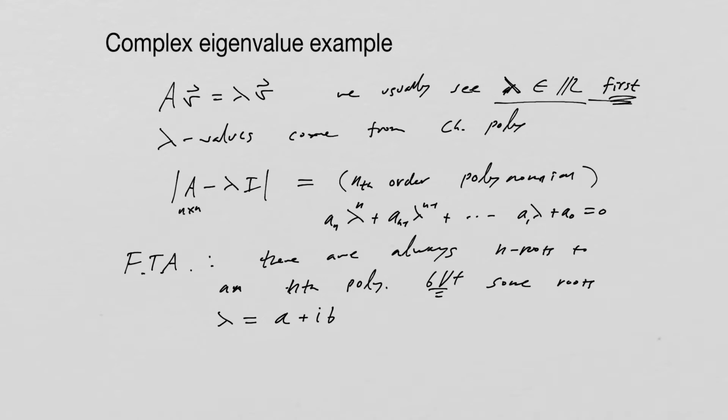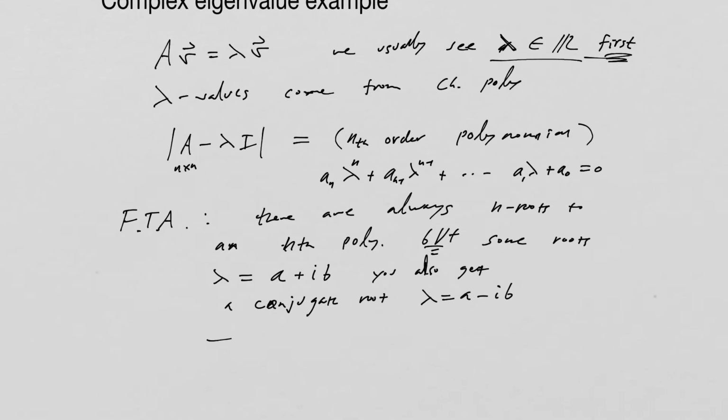And if you get a root like this, you also get a conjugate root. So you'll get lambda is equal to a minus i b as well. What we're saying here, of course, is basically complex roots can happen. First and foremost, they can happen. And when they do, they come in pairs.